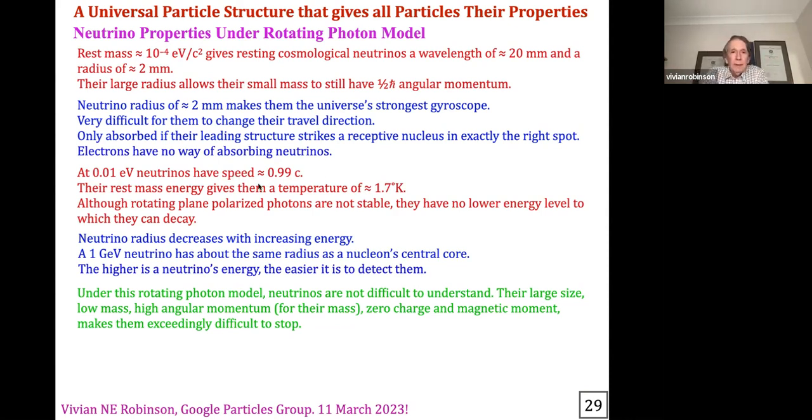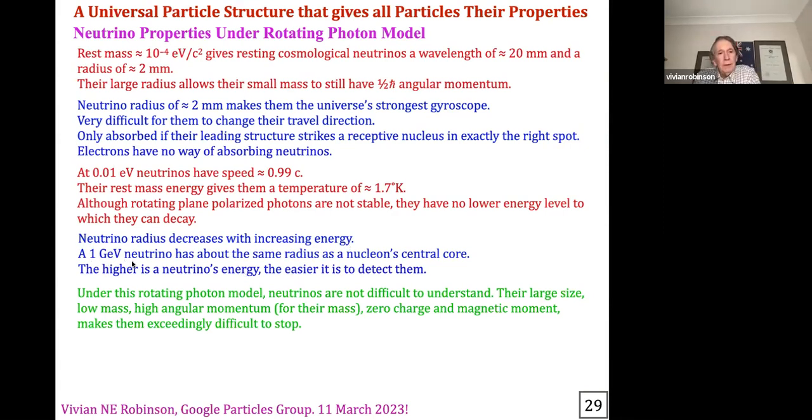The rest mass gives them a temperature equivalent of about 1.7 degrees K. So although rotating plane polarized photons are not stable, there's just no lower energy to which the neutrino can decay. Another property: a neutrino's radius decreases with increasing energy, just the same as I showed earlier.